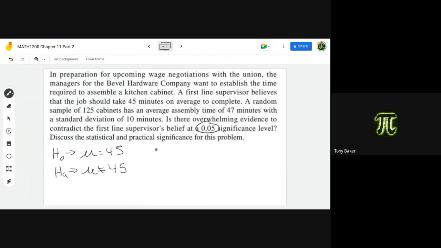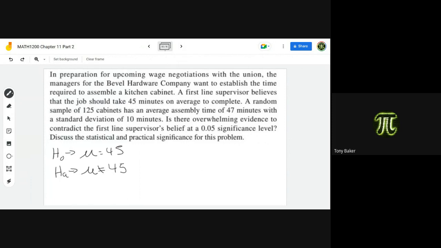So why are we doing a T? You picked it. Why? Is she right? The standard deviation they gave me is of the sample.